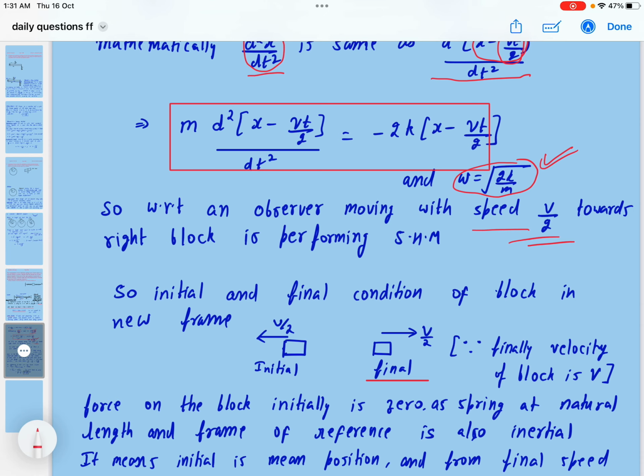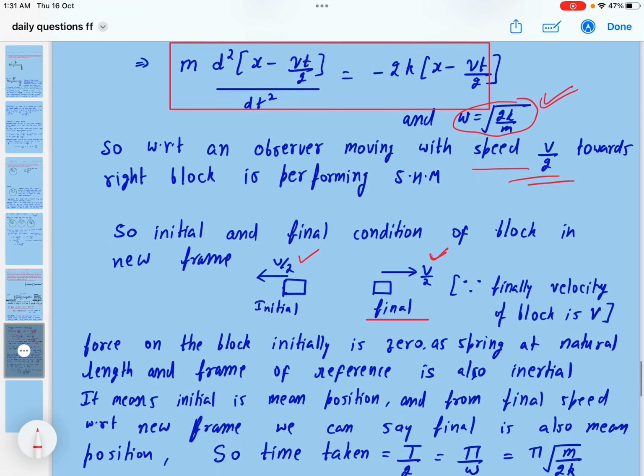And from the velocity profile, we can see the final position is also the mean position, because the initial speed with respect to our new frame is v by 2 towards left, and finally it is v by 2. It means it has completed half oscillation of SHM with respect to our new frame of reference.